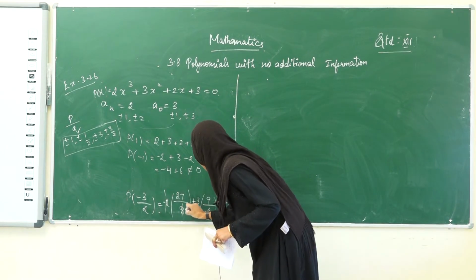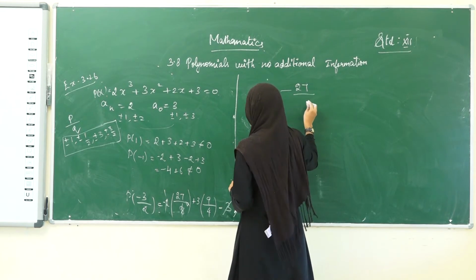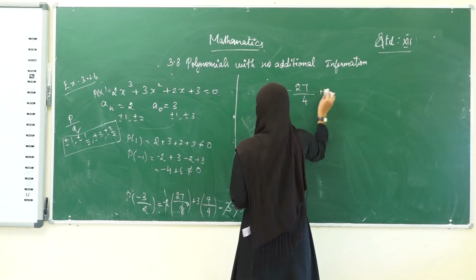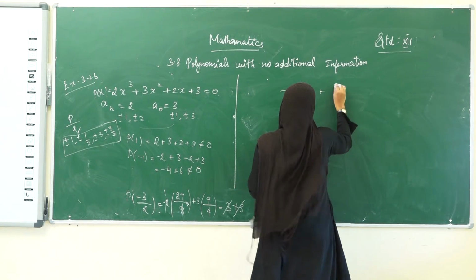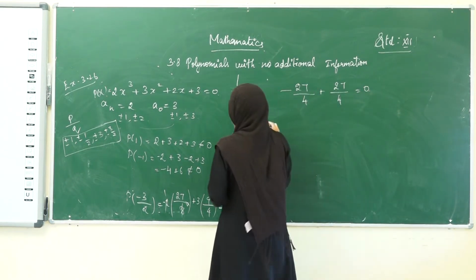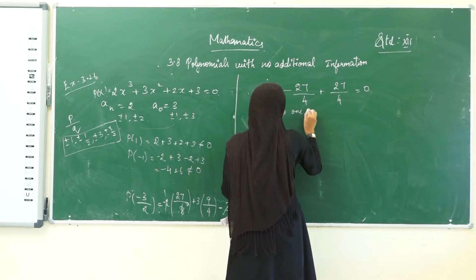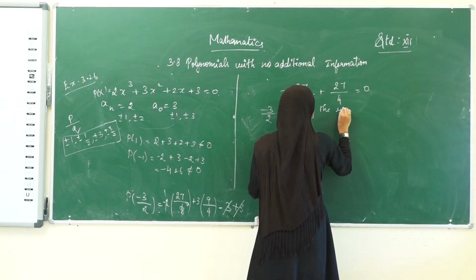This is minus 27 divided by 4 plus 27 divided by 4, which is equal to 0. Therefore, minus 3 divided by 2 is one of the roots. We found one of the roots.